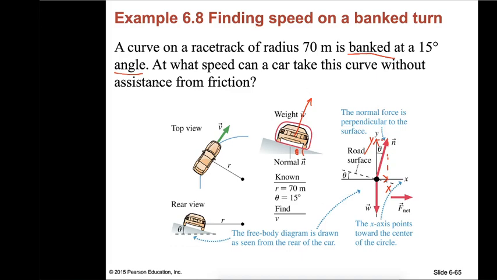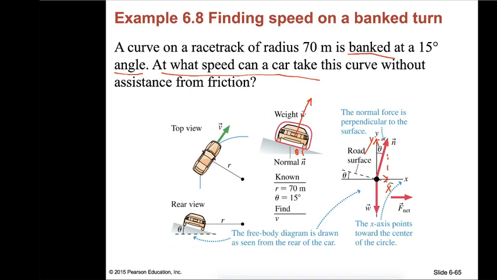Okay, now the question is, at what speed can a car take this curve without friction? If there's only the normal force and no friction, what speed should the car be running during this turn on the banked curve?